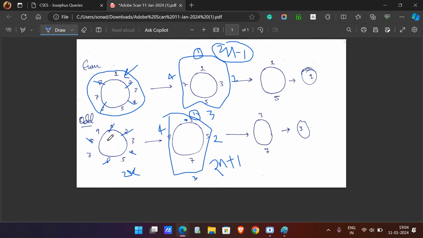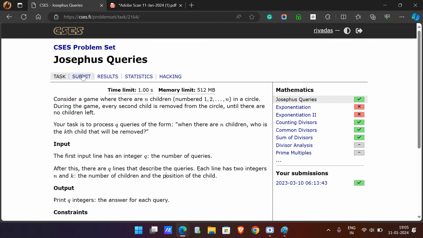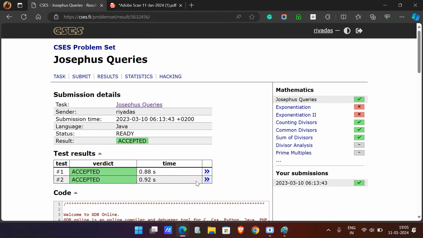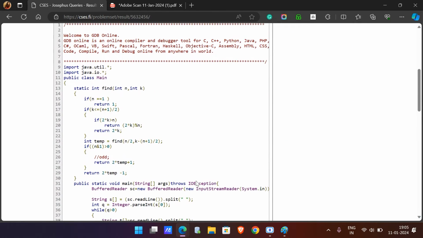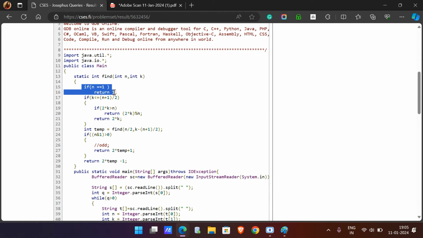So let's discuss the code now. If n is 1, I have only one child left, then I simply return 1.